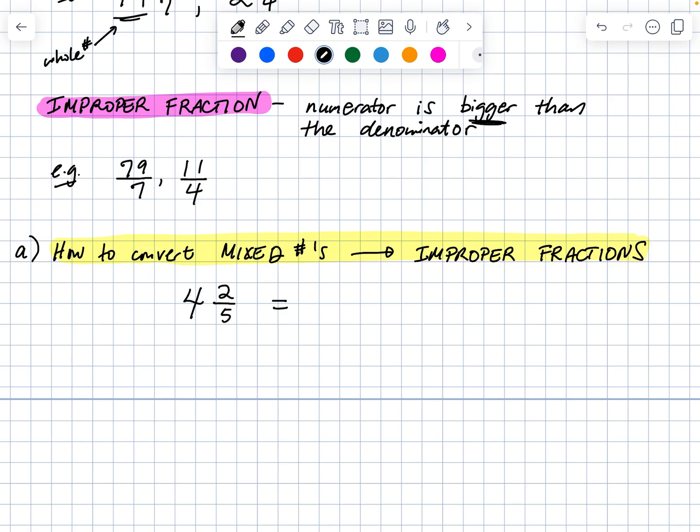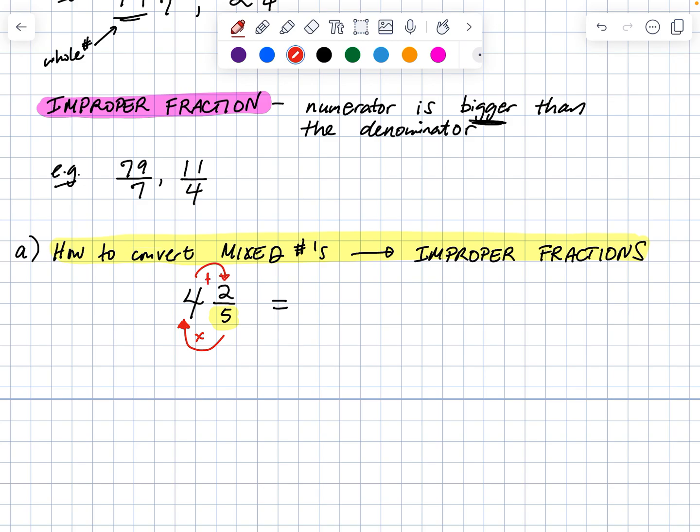So the process is the following, and I want you to jot this down on your page too. You're going to take the denominator, and then you are going to multiply it by the whole number. So that's what that arrow signifies, and that multiplication symbol. Again, you're going to take the denominator, 5 in this case, and multiply it by the whole number, 4, and then you're going to add the numerator to it.